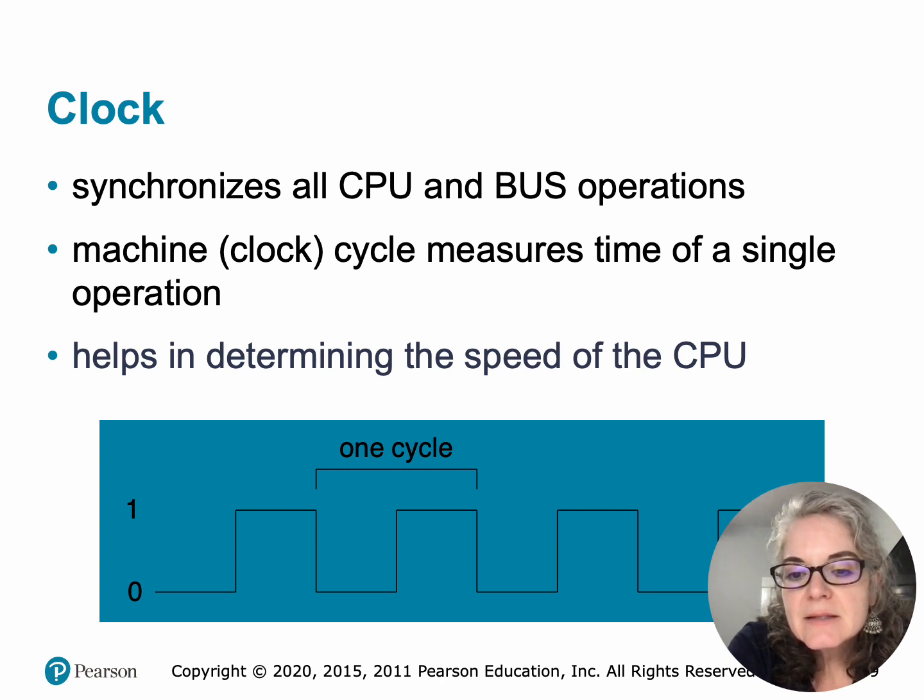Again, the clock has a cycle, and that cycle determines the speed of the CPU. Sometimes to execute one instruction, it could take 1 clock cycle, or it could take 4 clock cycles. The more clock cycles it takes, the slower it is.